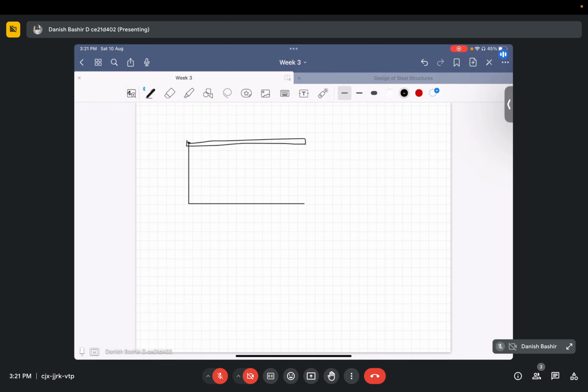From this side it is like this, and from this it is continuous like this.